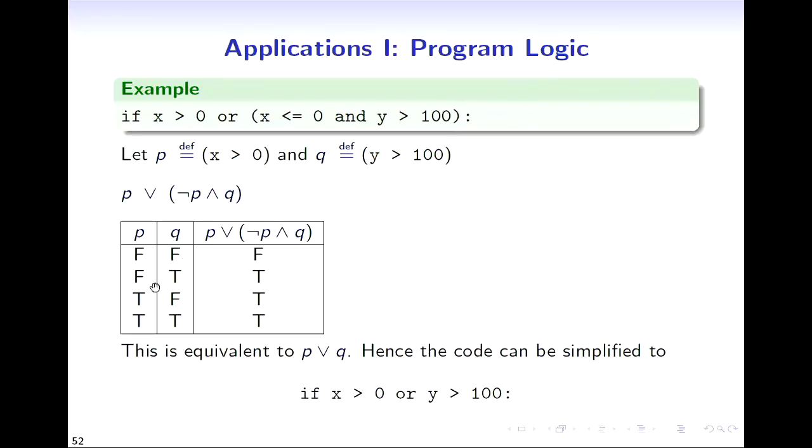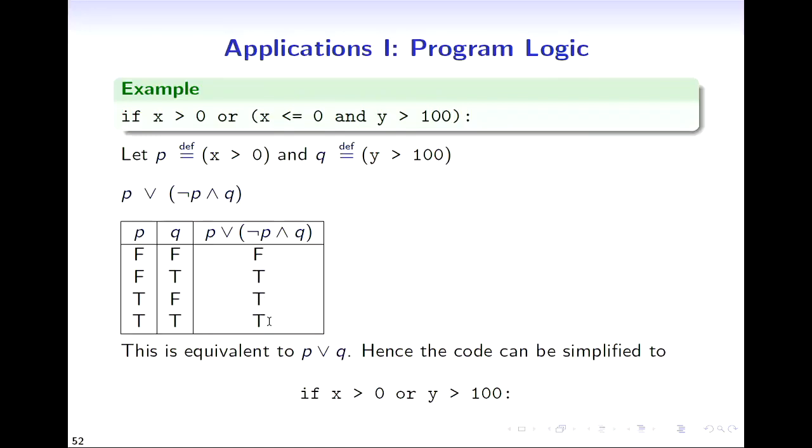In all other cases, however, if you look at this in detail, you will see that this formula is always true. For example, if P is true and Q is false, then clearly P or not P and Q must be true. The same for the other two cases.